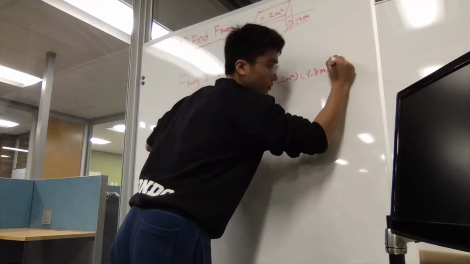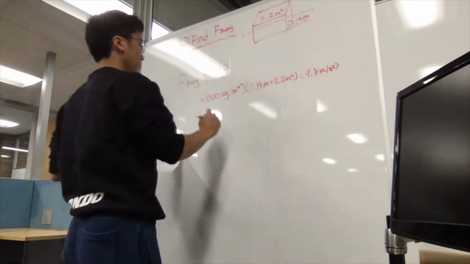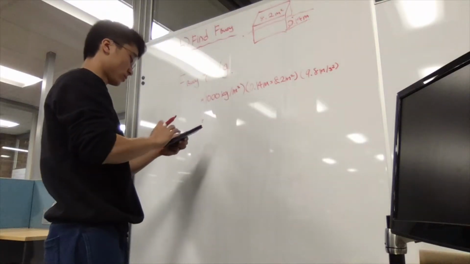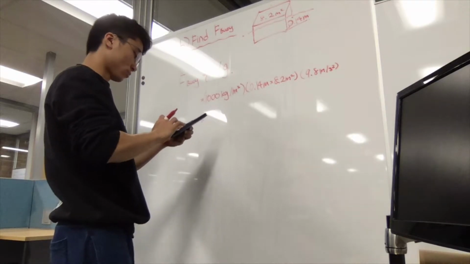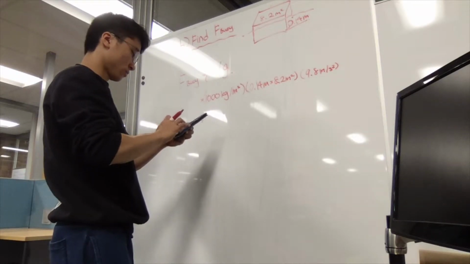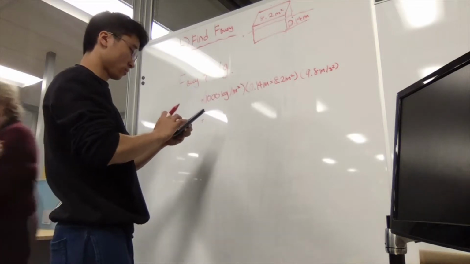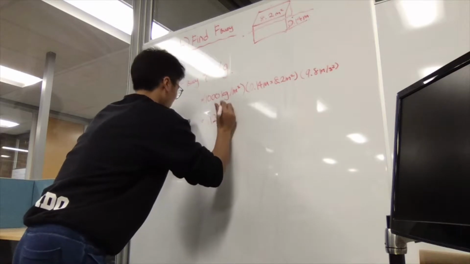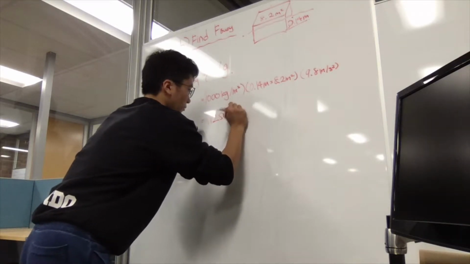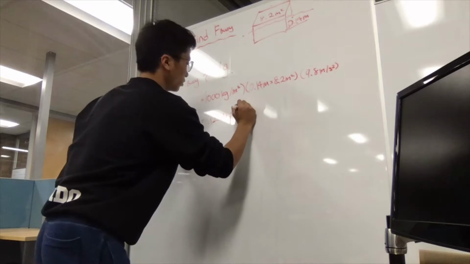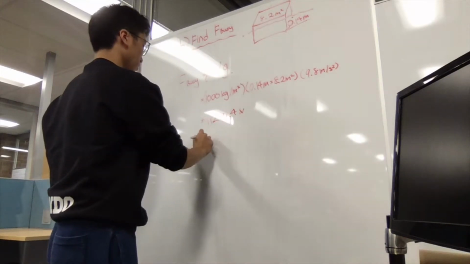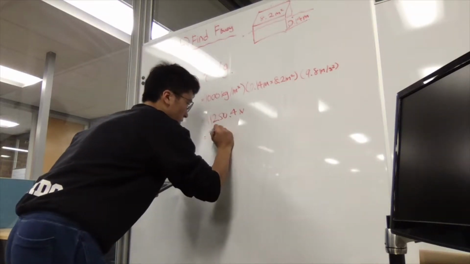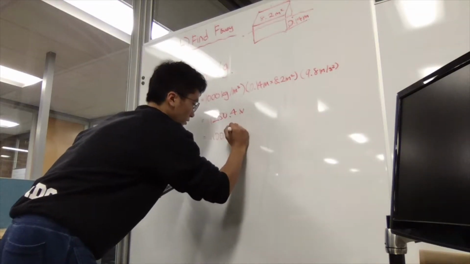So 9.8 meters per second squared. And then you plug this into the calculator, and it would be 11,250.4 newtons. And since it's 2 significant figures, it will be 11,000 newtons.